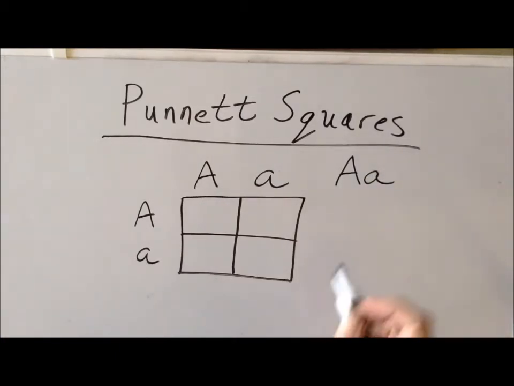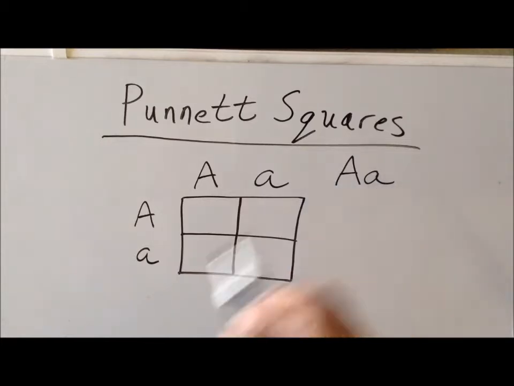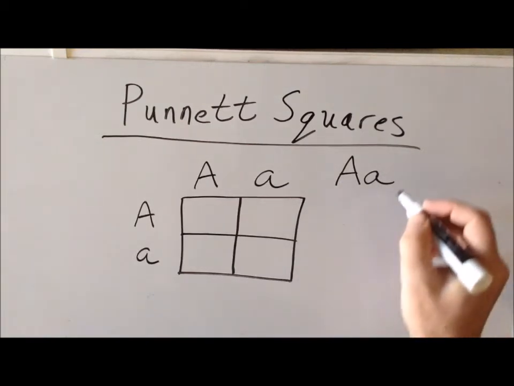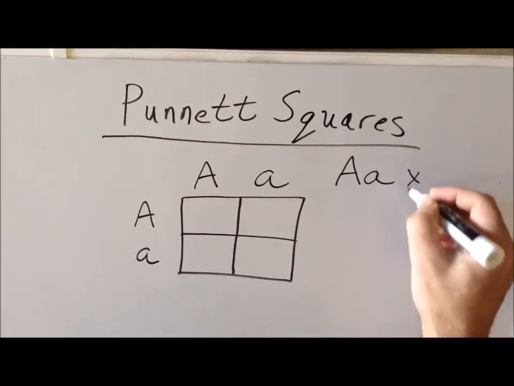Since they have both a dominant and a recessive allele, we say that they are heterozygous. So if we're looking at the cross between two heterozygous parents, we can write it as big A small a times big A small a.